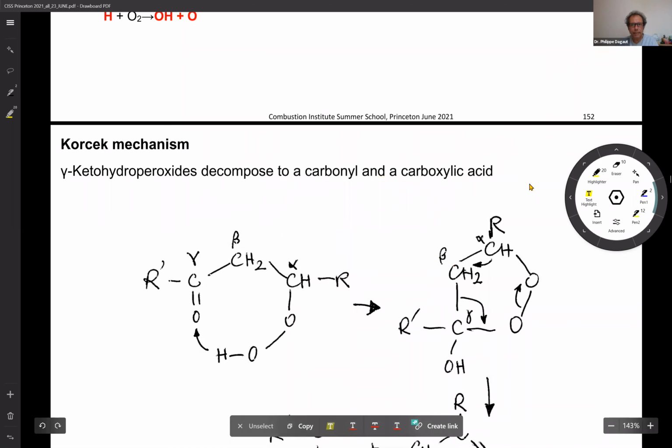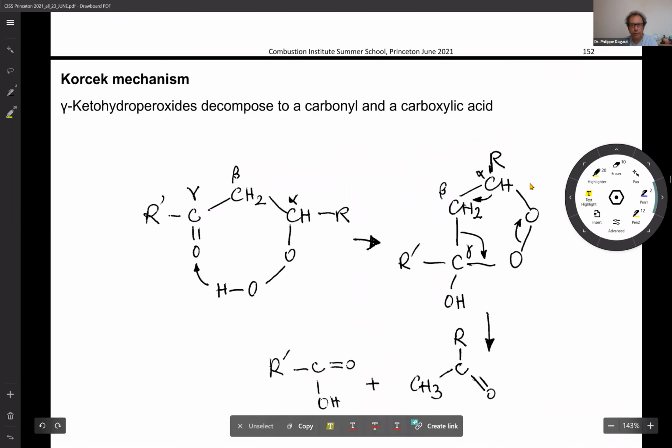So I said beside this chemistry, there are other reaction pathways that can occur. One of them is the Korcek mechanism, which was initially proposed by Korcek and co-workers working at Ford Motor Company.